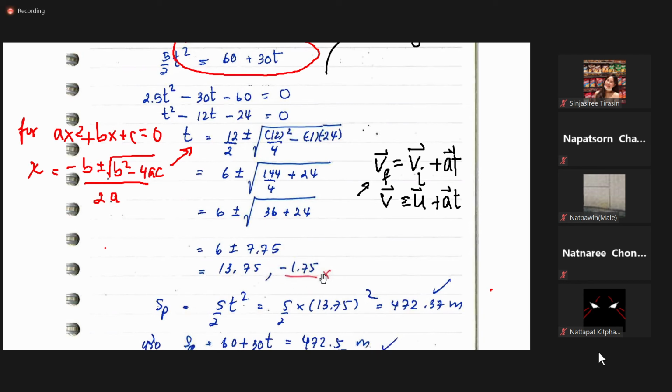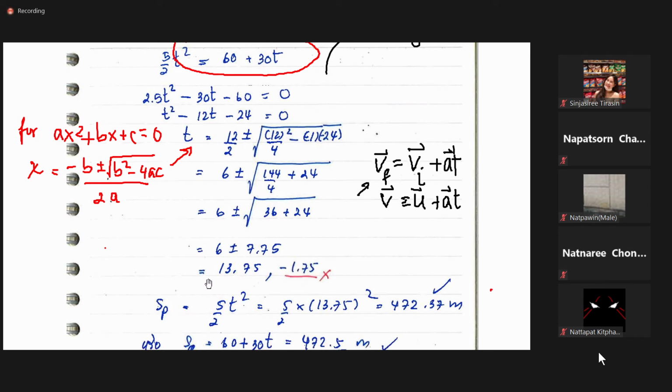And the negative one is not the answer, because we know that we start from t equal to 0 and it must be positive to catch up. So this one is not the answer.